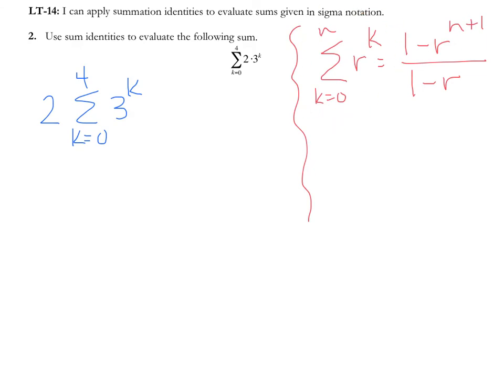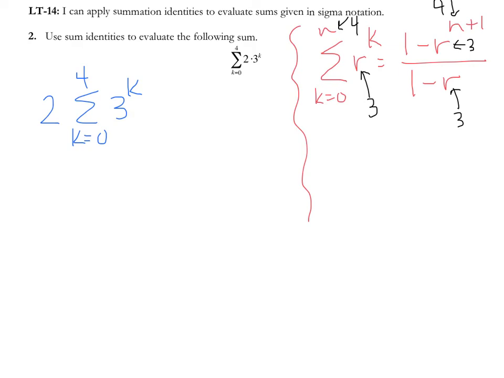In particular, we can see that our n value is 4, and our r value is 3. So we're going to plug in 4 for n and 3 for r, and simplify down.